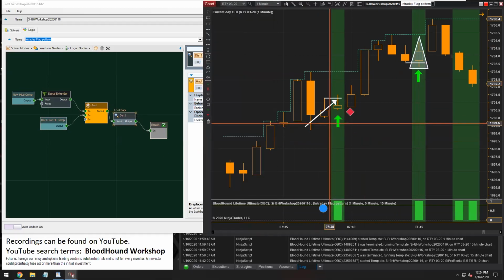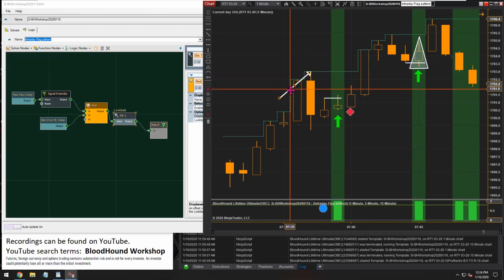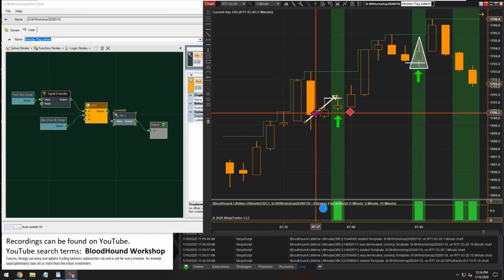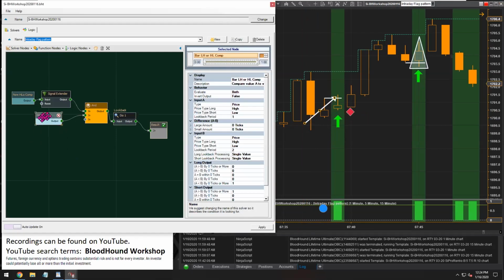All right, so now previously we were looking for the highs to step down. Now we need to look for the highs to step up, right? So this high stepped higher than the previous high. So we're basically looking for the opposite of what this solver is doing, right? This solver is looking for lower highs, in other words, highs to step down.